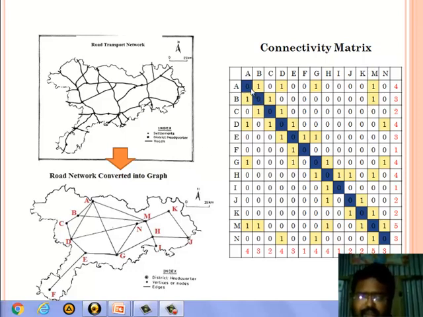And then adding up the rows, this is 4, and similarly this is 3, this is 2, 3, 1, 4, 4, 1, 2, 2, 5, 3. All those values we get.